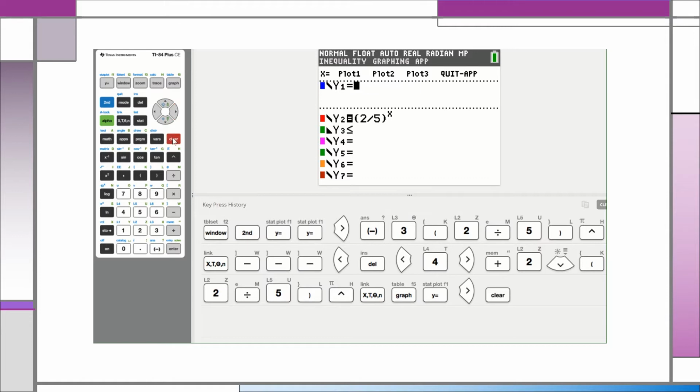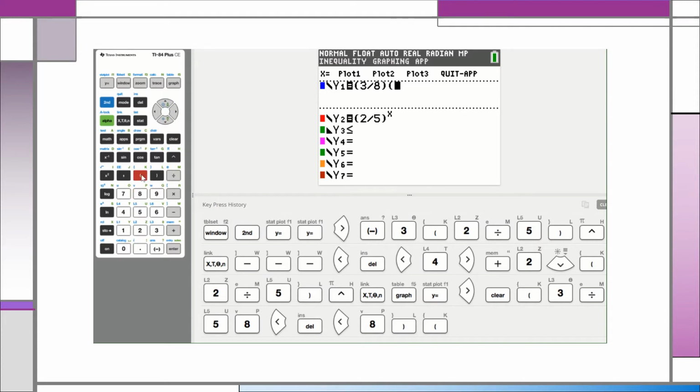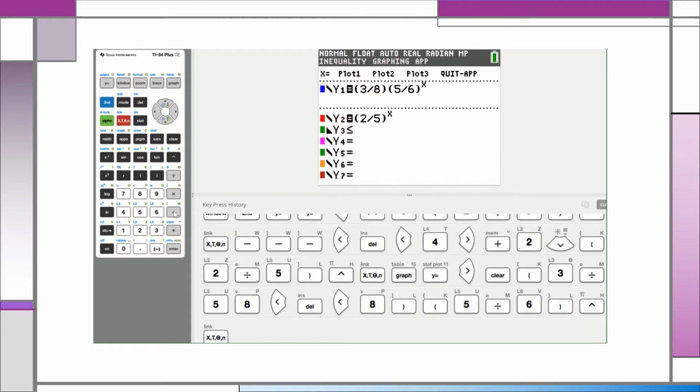It was 3/8, and I'm going to put that in parentheses too, 3 divided by 8, then parentheses again for the 5/6, the base that we're going to raise to a power, which is raised to the power of x minus 1. That should give us a horizontal translation to the right by 1, and then plus 1.